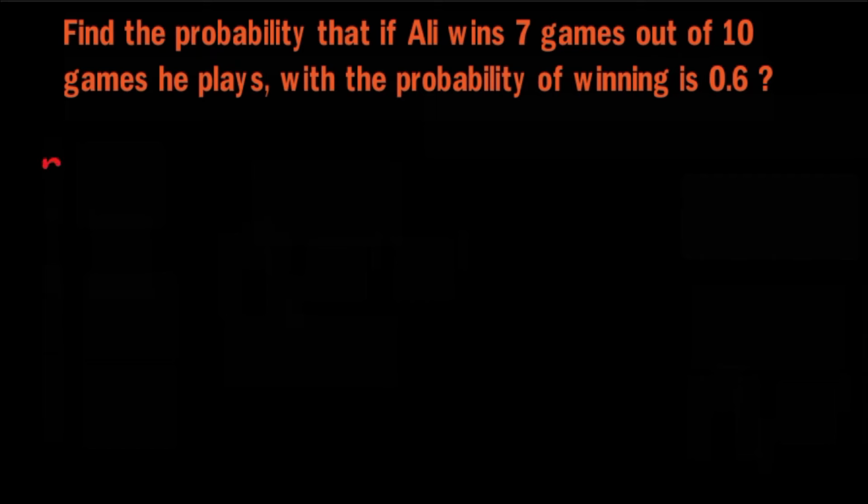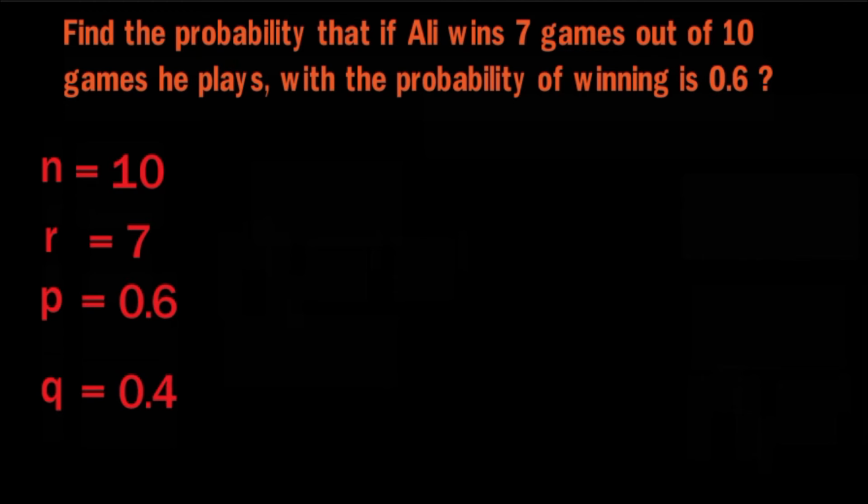So let's identify n, r, p, q first. n is the number of observations, which is 10. R is the number of outcomes that we want to get, which is 7 games that he wins. P is the probability of success, which is 0.6. Q is 1 minus p, which is 0.4.